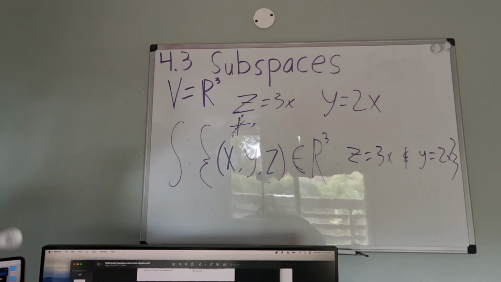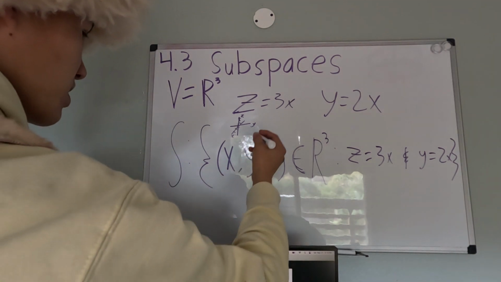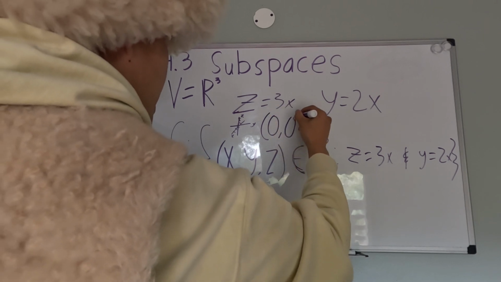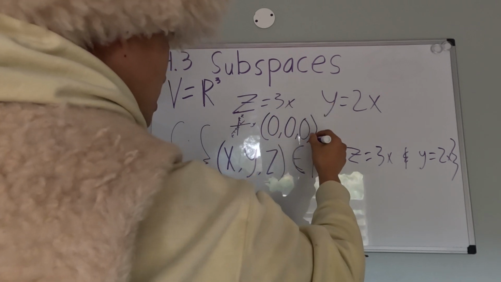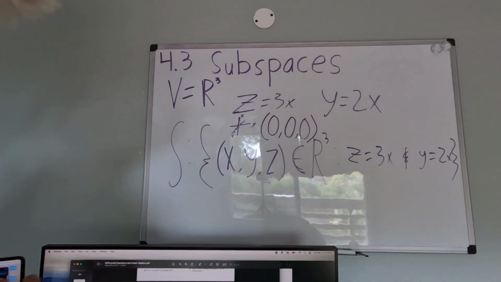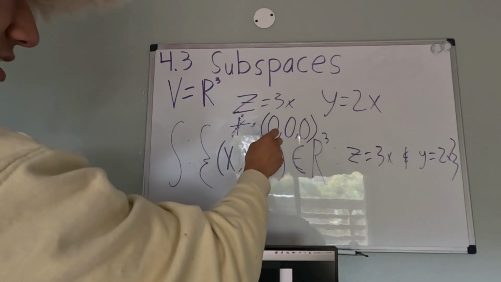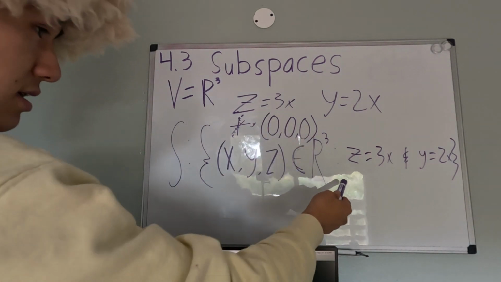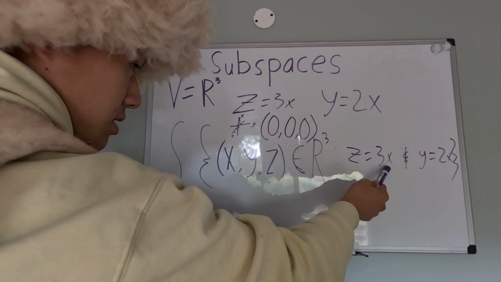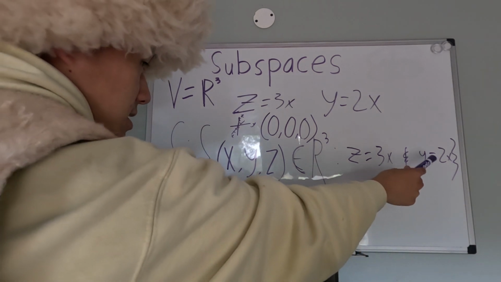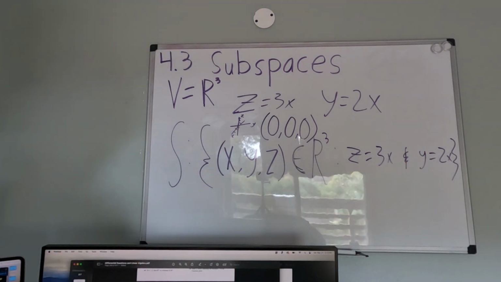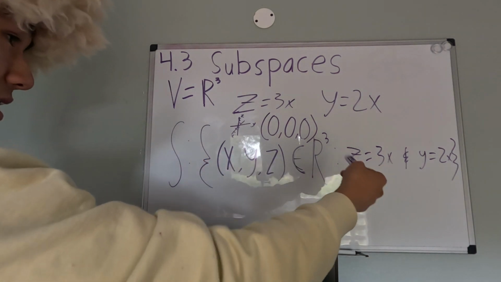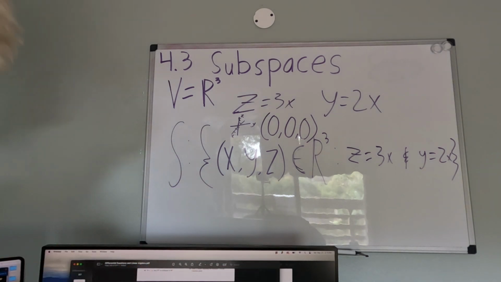The zero vector in R3 is 0, 0, 0: x being 0, y being 0, z being 0. So does that satisfy this equation? Well, does 0 equal 0? That's true. Does 0 equal 0 over there? That is also true. So that satisfies this equation. That doesn't mean it's a subspace.